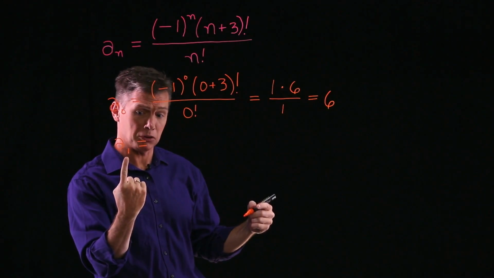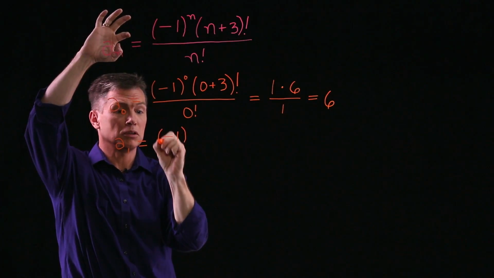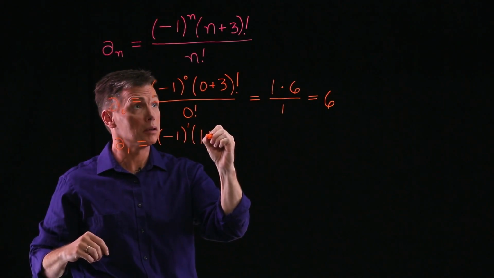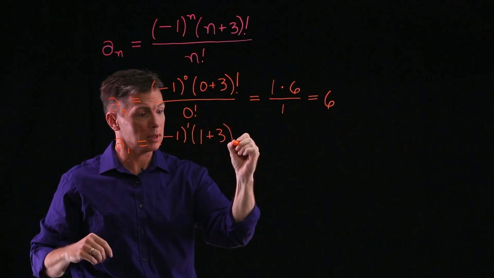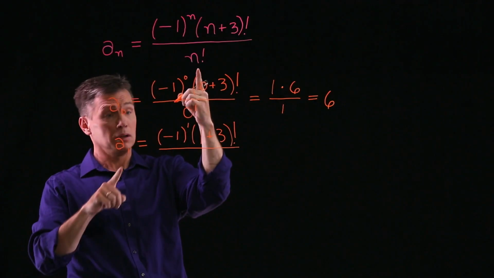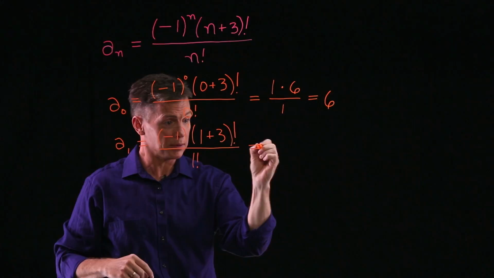This time, my n is 1, so minus 1 raised to the 1 times parentheses 1 plus 3 factorial divided by 1 factorial and simplify.